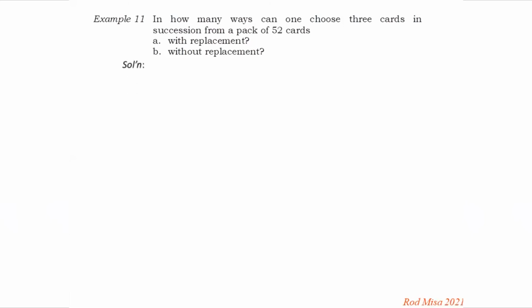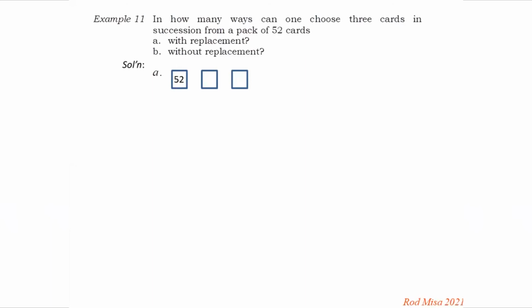So for number 1, you want to draw 3 cards in succession from that standard deck of 52 cards. Then you will be creating 3 boxes to represent the 3 cards that you want to draw from the standard deck of cards. So during the first draw, you have 52 choices for your first card.